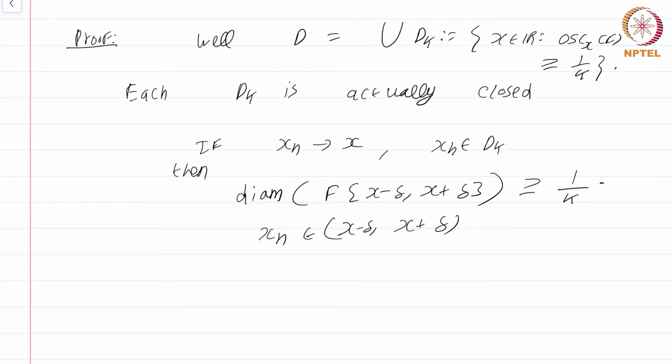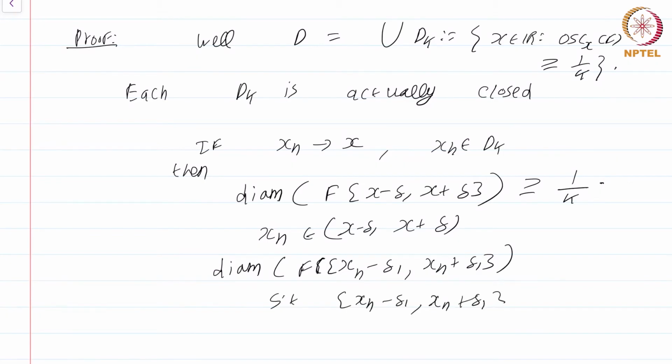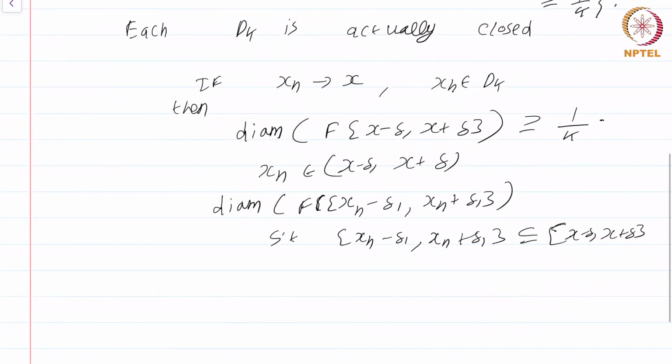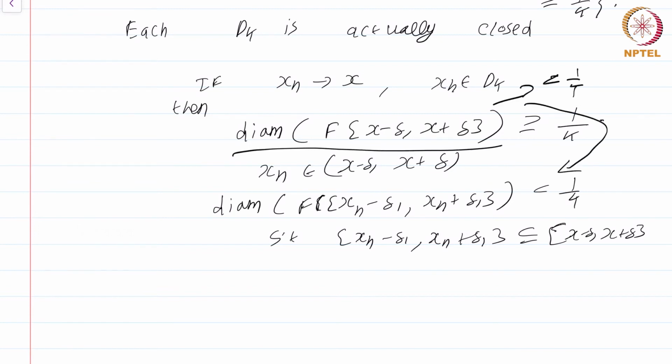Then if you were to choose the diameter of f of (x_n minus delta 1, x_n plus delta 1) such that this closed interval is fully contained in (x minus delta, x plus delta), then if this diameter was less than 1 by k, the bigger diameter would also have to be less than 1 by k, simply because this is a subset of this set, right?